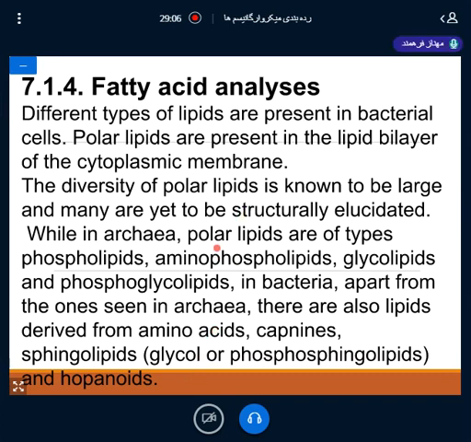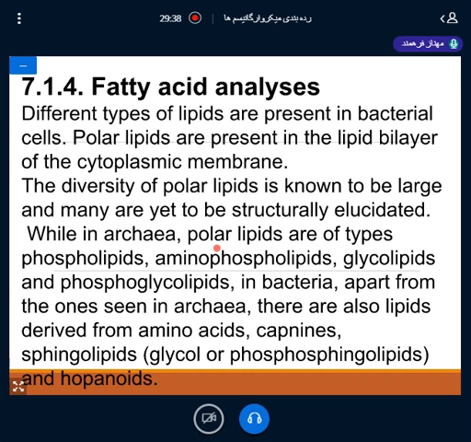Okay, another phenotypic taxonomy approach is fatty acid analysis. If you remember, you studied polyphasic taxonomy in the previous section, which is divided into genotype and phenotype methods.